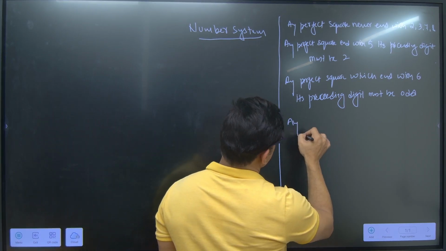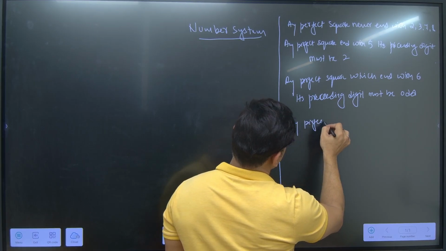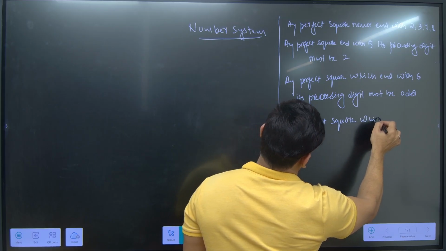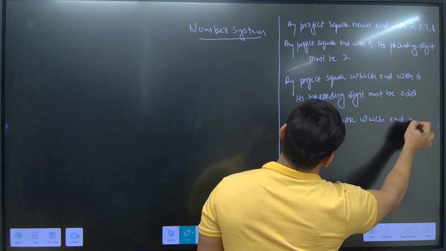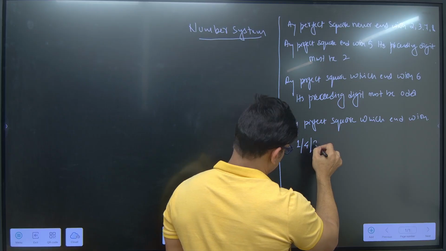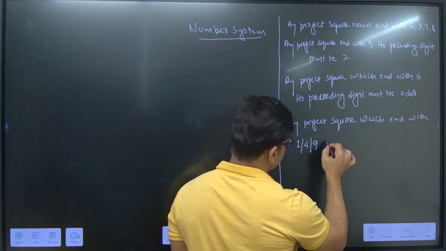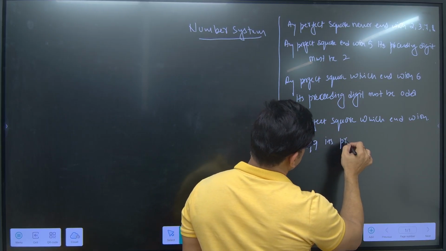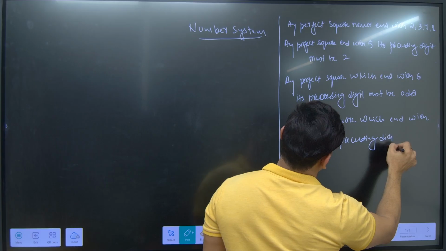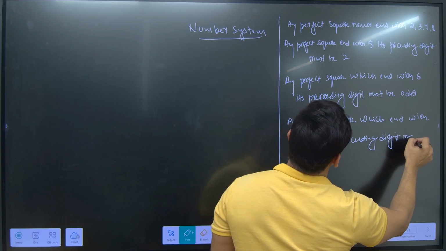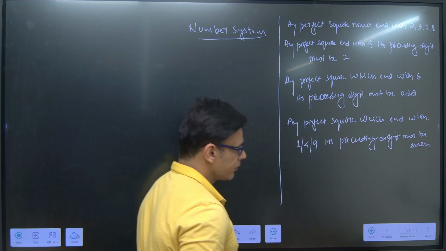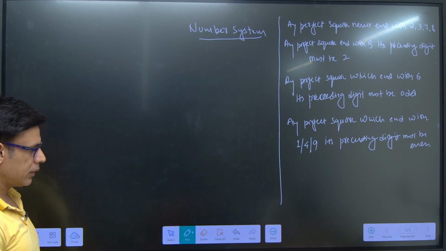And any perfect square which ends with 1, 4 or 9, its preceding digit must be even.